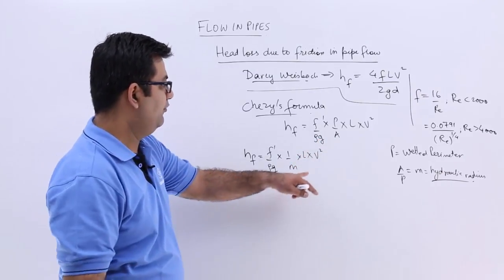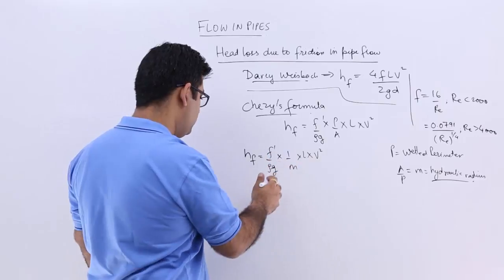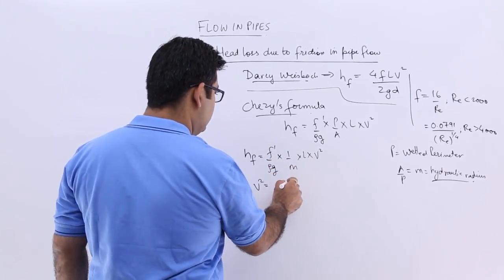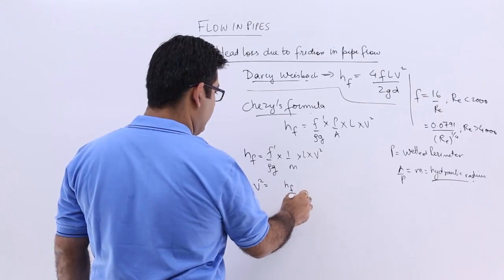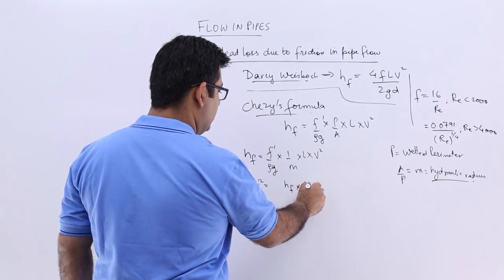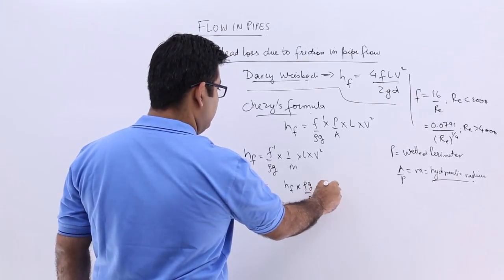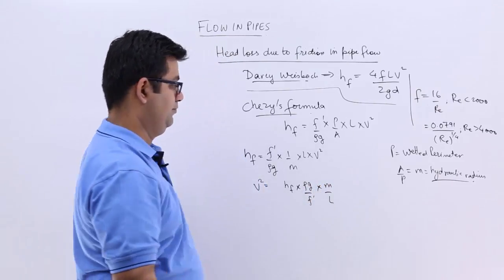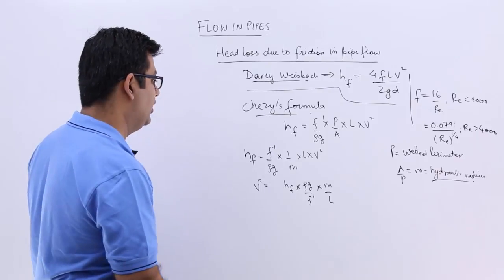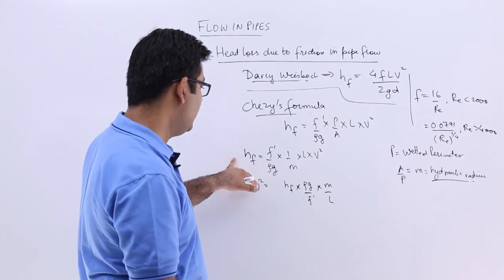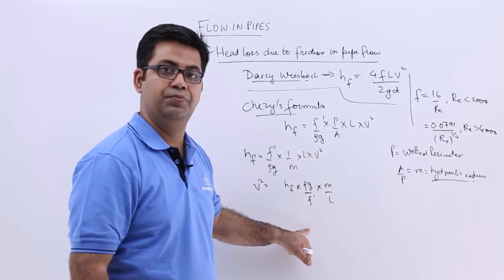Let's find the value for V squared. So V squared is equal to hf into rho g upon F dash into m upon L. Okay, so this is what you get. So hf into rho g, m goes up, F dash and L come down.